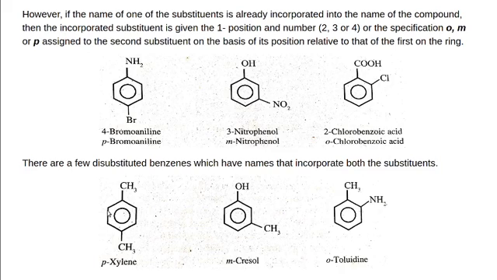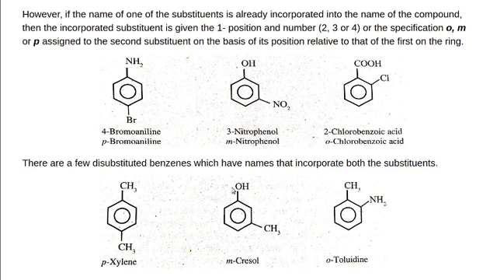If there is only one CH3 group, it is toluene. So the compound itself is named based on the two substituents, that is xylene. Then if there is another substituent, we have to give the position of that substituent only. Then this is meta-cresol.